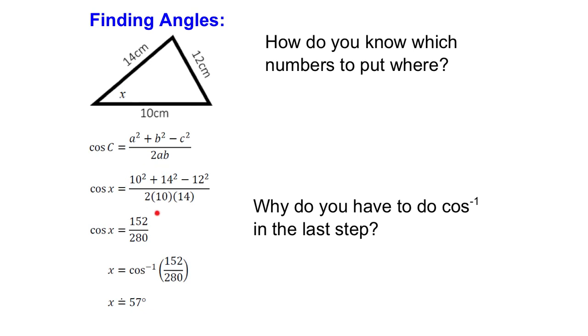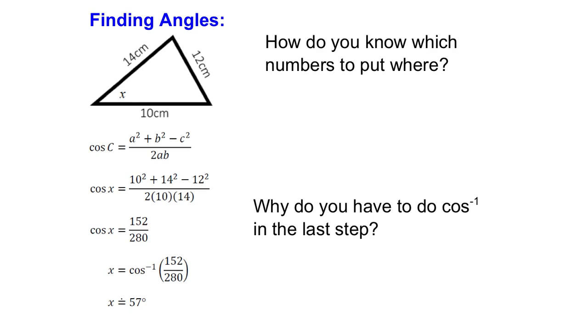Now, at this point, you could do this all in one step in your calculator. However, many of you will run into issues if you try doing that, because your calculator is going to follow the correct order of operations, BEDMAS. So if you don't put brackets around your numerator or brackets around your denominator, your calculator is going to get messed up.